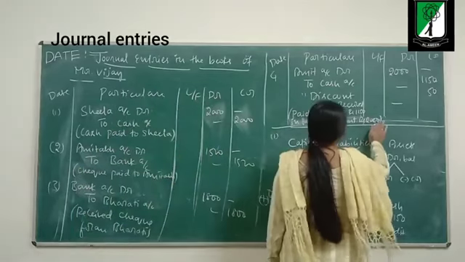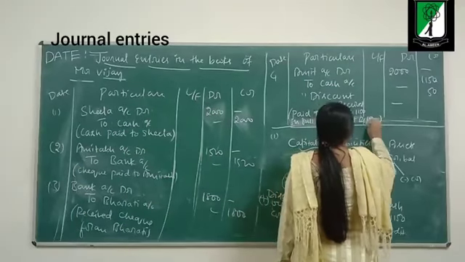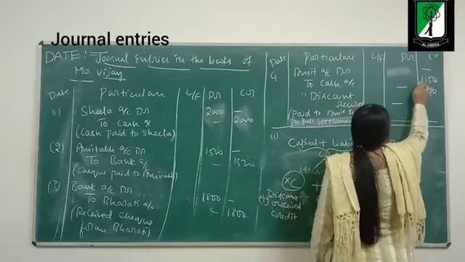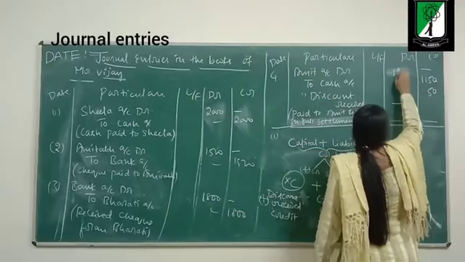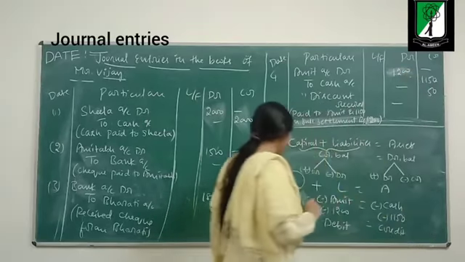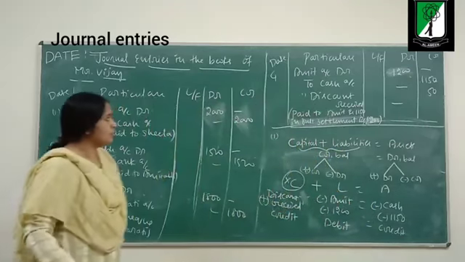Not 2,000, this is 1,200. I'm sorry. 1,150 plus 50 is 1,200. Right? Okay, I'm sorry.